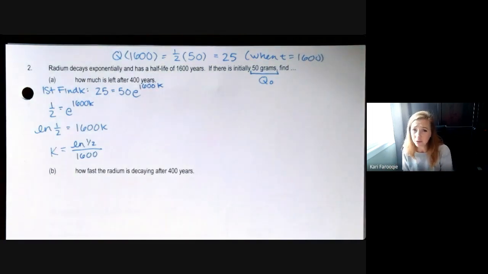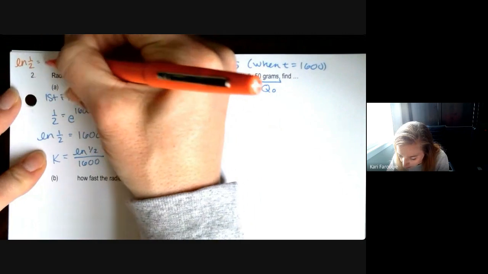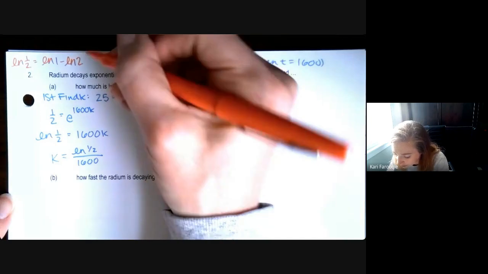Now, there's a lot going on here. So one thing I did want to note to you is that you might see in your book that ln 1/2 is rewritten. But we know that ln 1/2 can be rewritten as the ln of 1 minus the ln of 2 just by using that quotient rule for logarithms. The natural log of 1, though, is 0.